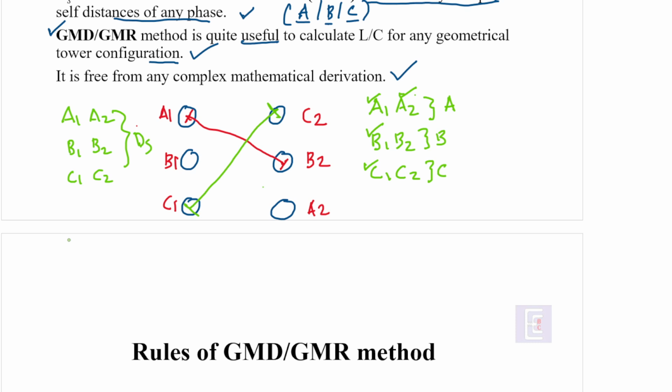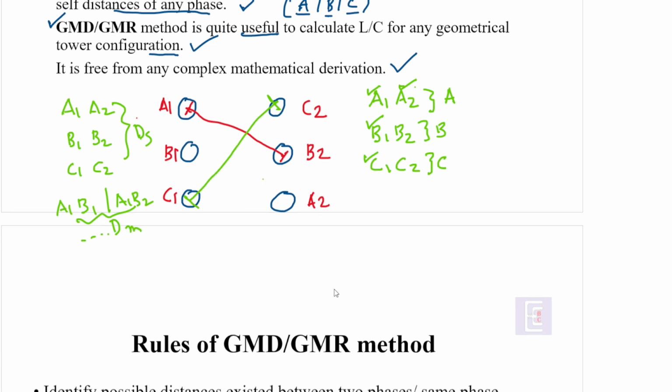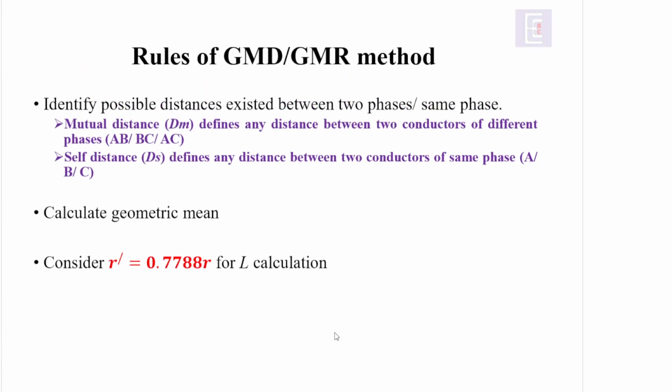And any distance measured between A1, B1 or A1, B2, something like that, involves two phases. They will be treated as dm, that is mutual distance. So what are the rules?